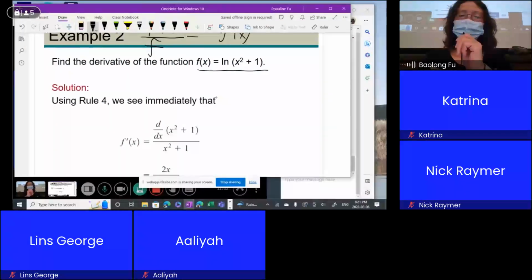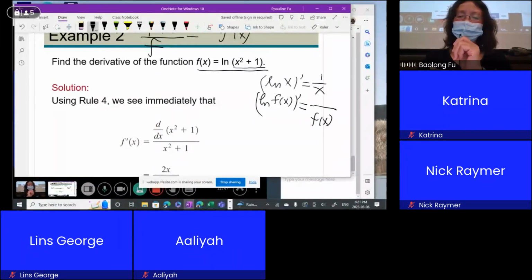And this one, we need to use the chain rule because this is ln(x squared plus 1). If it is just ln x, we know the derivative is 1 over x. But since this is actually ln f(x), take derivative, so it is f(x) on the bottom, derivative f prime x on top. We just proved this.